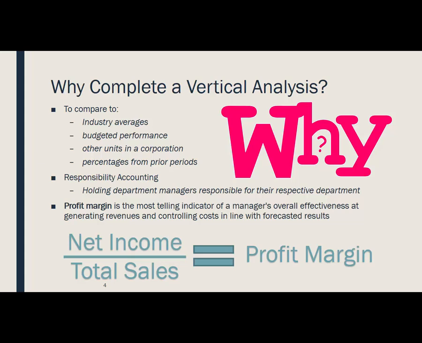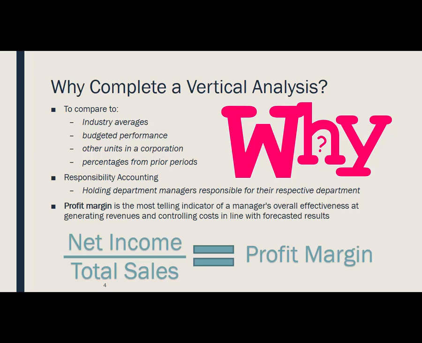One of the big reasons why we do this is responsibility accounting. By doing this, we can hold departmental managers responsible for the respective department. We're going to see some examples in a second of how we can do that. The last thing we want to remember is that the final line, our net income at the bottom, is really referred to as our profit margin when you look at that percentage.